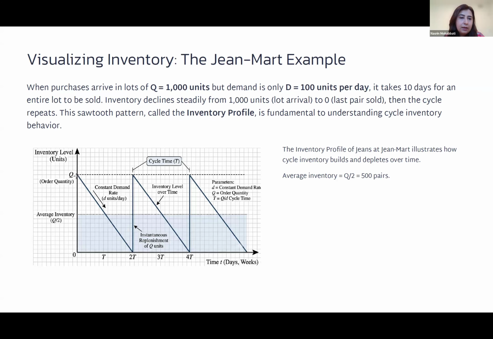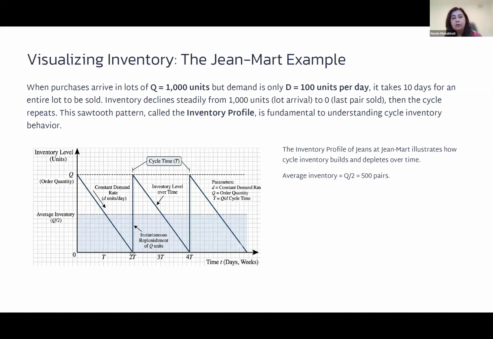So you see that at the beginning of the time, let's say that we are starting from today, ordering some stuff, and then we're going to sell them, right? So we order Q, which is the lot size or order quantity. And then eventually, over time, people come in and purchase the products, and then we will sell them out. So at some point in time, we get to zero.